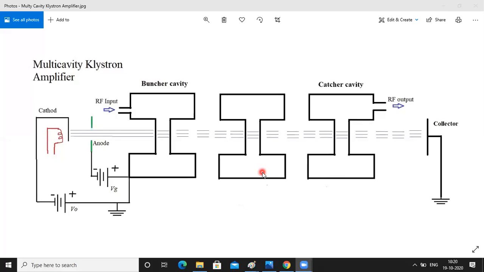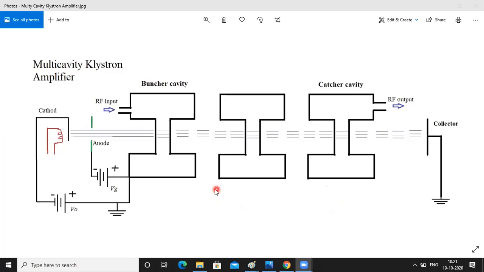But another possibility is also there. What is that? When each of the cavities is tuned to a slightly different frequency. Suppose this is at some lower frequency, this is a little bit higher, and another is higher still. If the multiple cavities are tuned to slightly different frequencies near each other, they form a larger band, so the bandwidth will improve.